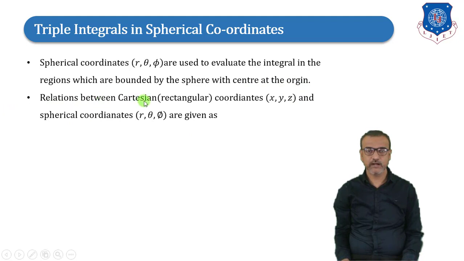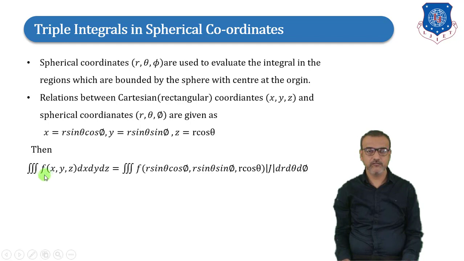Relations between Cartesian, also called rectangular, coordinates x, y, z, and the spherical coordinates r, theta, phi are given as x equals r sin theta cos phi, y equals r sin theta sin phi, z equals r cos theta. So this is the relationship between the Cartesian coordinates x, y, z and the spherical coordinates r, theta, phi.